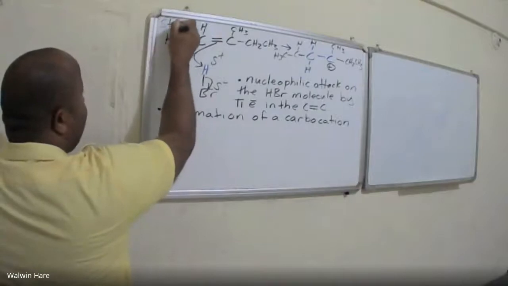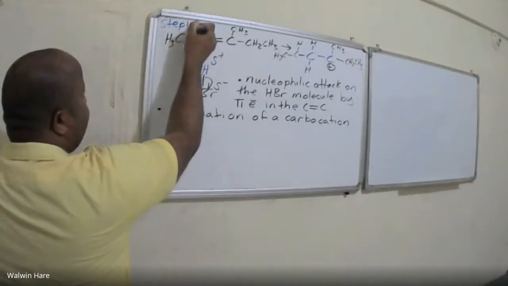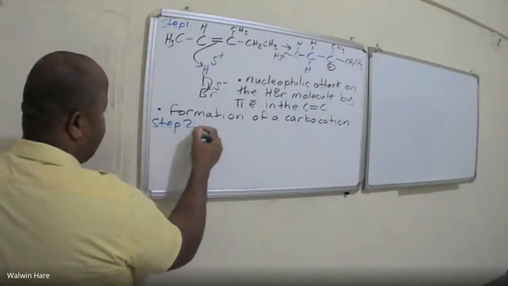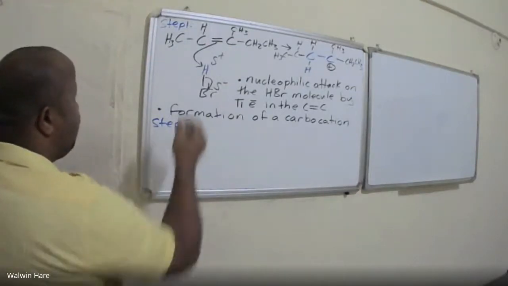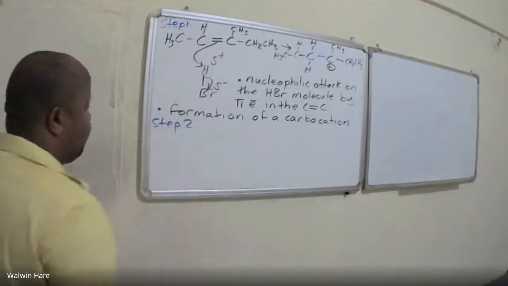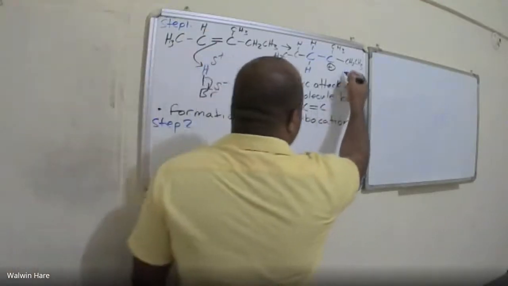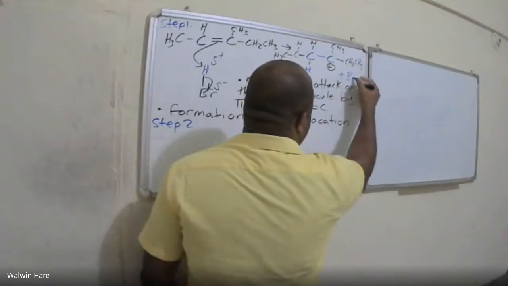So this is step 1 of a two-step mechanism. So what happens in step 2? Anybody remember? Oh, I'm leaving off the bromide ion. So you're going to have the nucleophilic attack of the bromide ion and the carbocation.